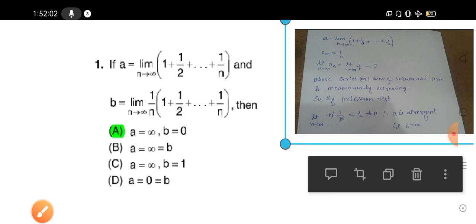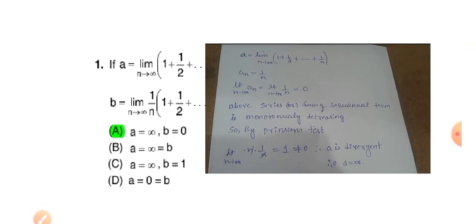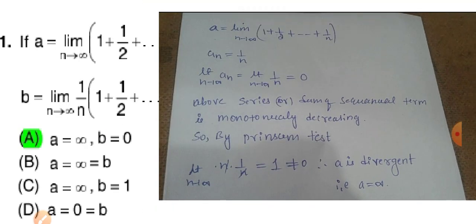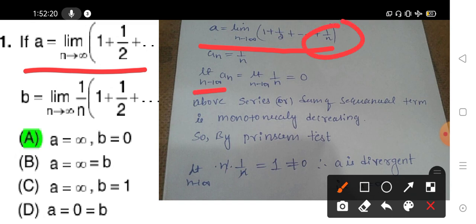This is the first example. Here an is equal to 1 upon n, and limit n tending to infinity of an equals limit of 1 upon n equals 0.